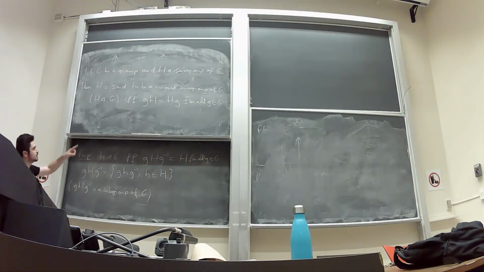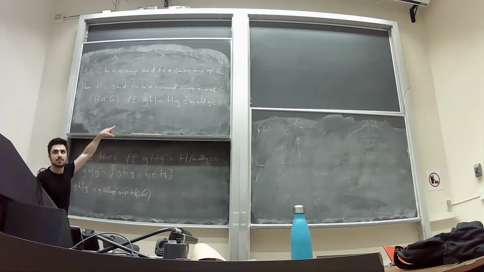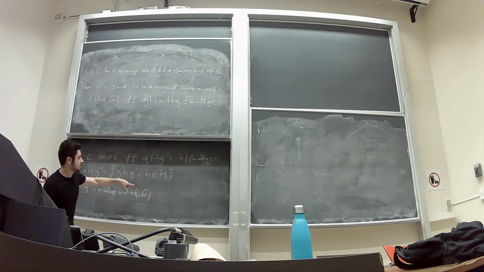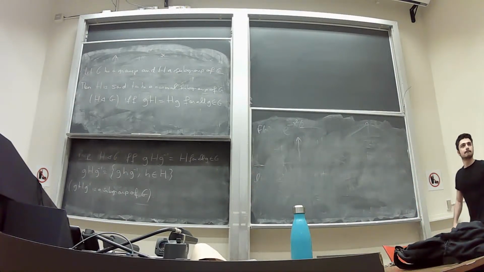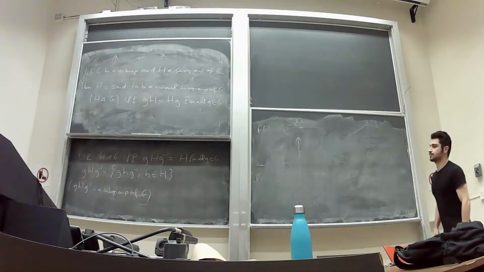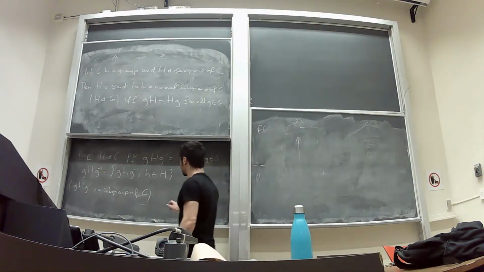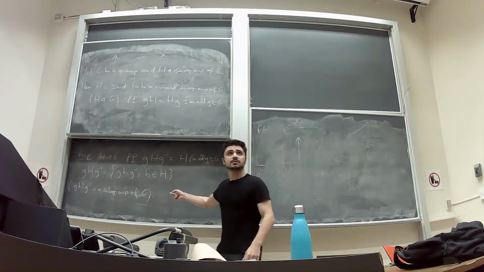The obvious way is that you have gH equal to Hg, multiplied by g inverse on the right in both ways, and you get this. You can prove it formally. Is it clear? Any questions on this?